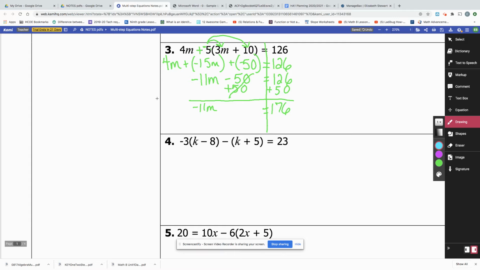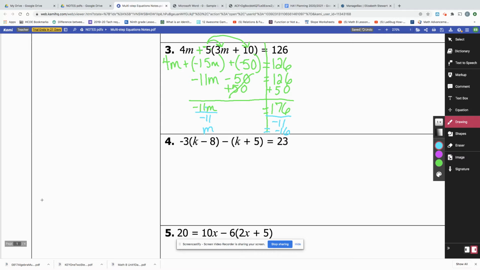Because negative 11 times m is multiplication, the inverse of that is division. So I'm dividing both sides by negative 11. So negative 11 times m divided by negative 11 yields positive 1m. 176 divided by negative 11 is negative 16. So there we go for that first example.